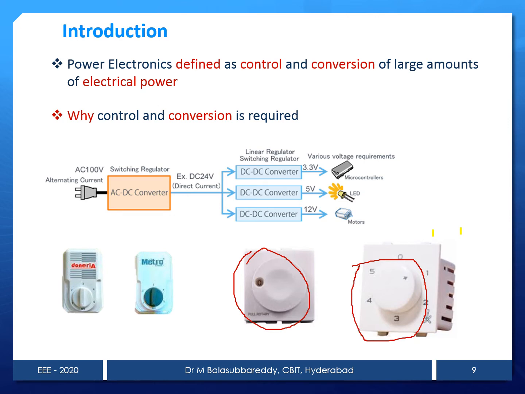Here we can control the speed smoothly, but we don't use any rheostats inside. We are using an AC voltage controller, which converts AC to variable AC, so we are minimizing the losses. We are not getting any power dissipation in this, and we can control the speed smoothly. So this is the reason we go for this.